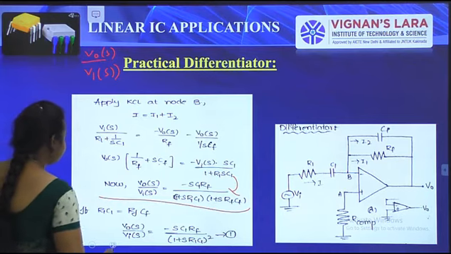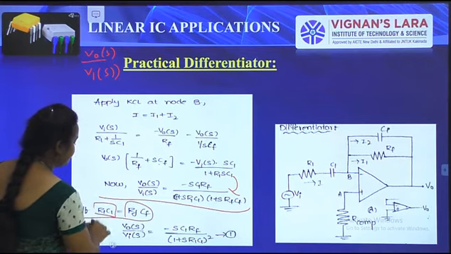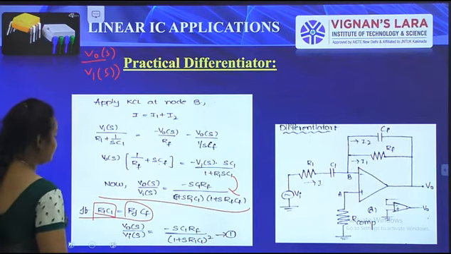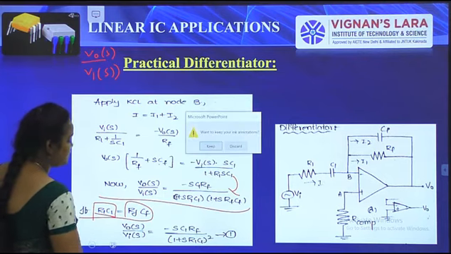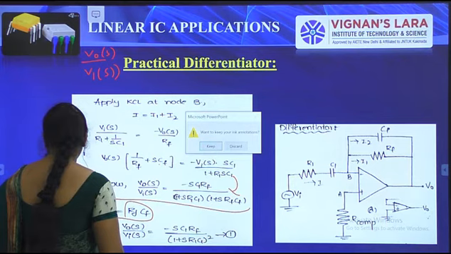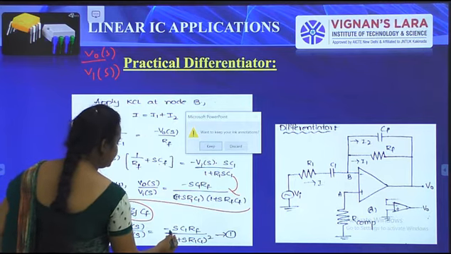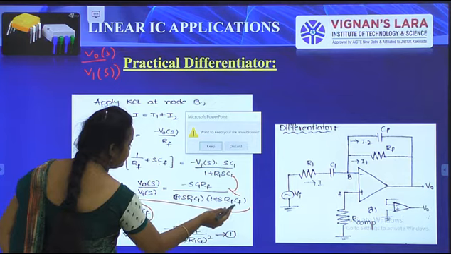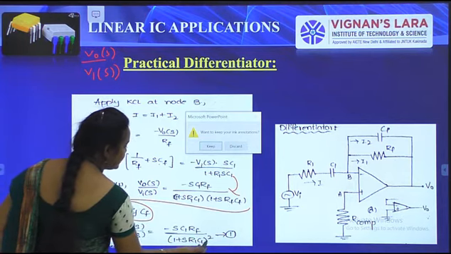Here, if we put RF CF in place of R1 C1, then V0 of S by Vi of S is equal to minus SC1 RF by 1 plus S R1 C1 whole square.